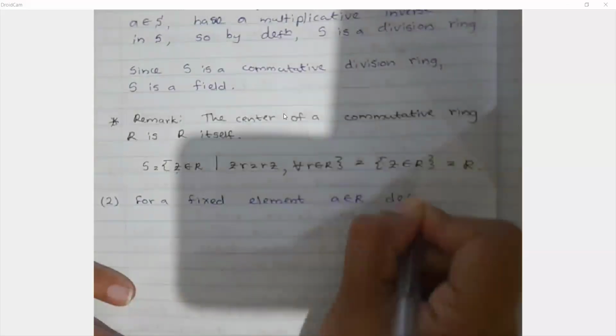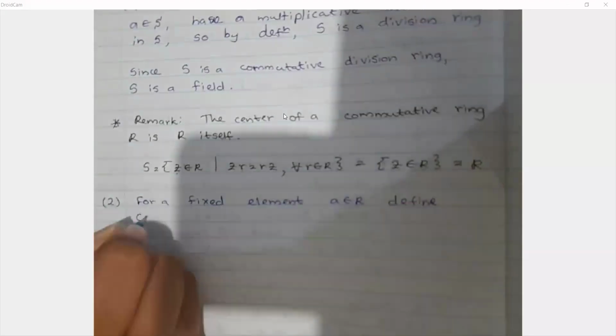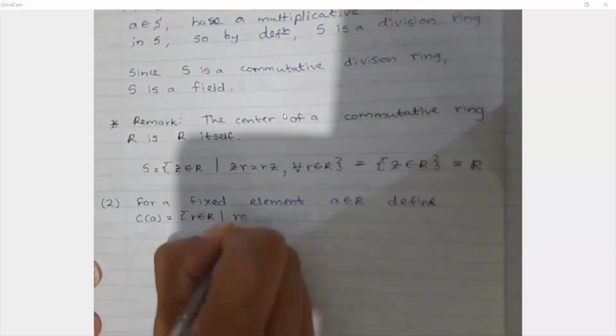Define C of A to contain elements in R that commute with A. So now, instead of taking elements in R that commute with every element in R, we are simply fixing one element, and we pick elements from the ring that commute with this particular element, right?